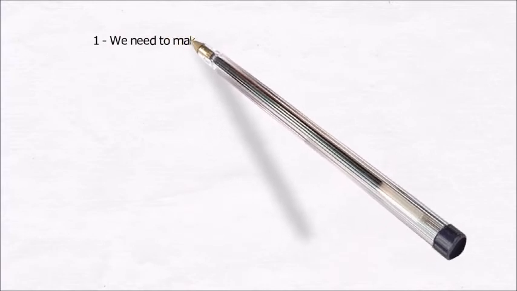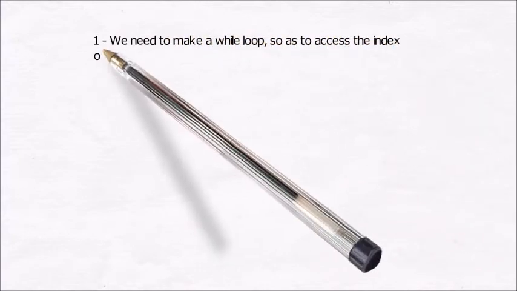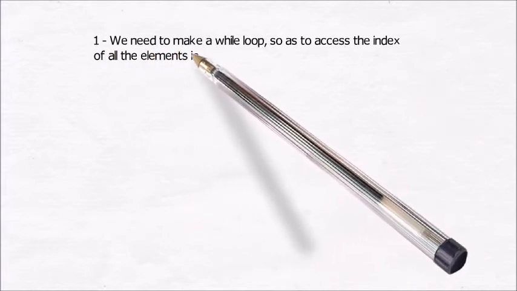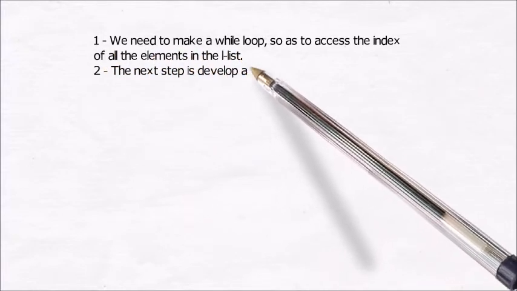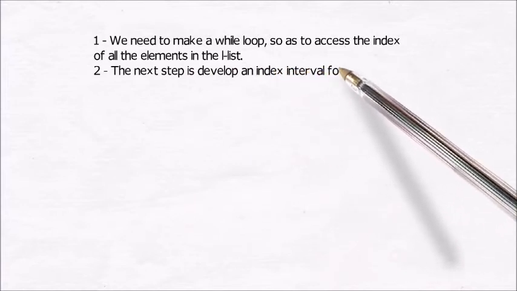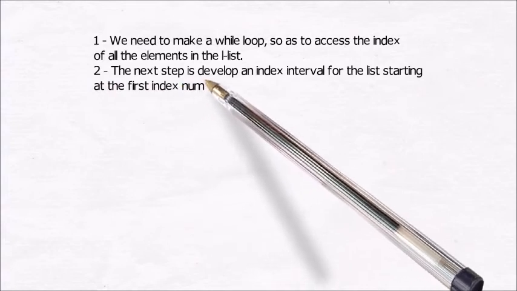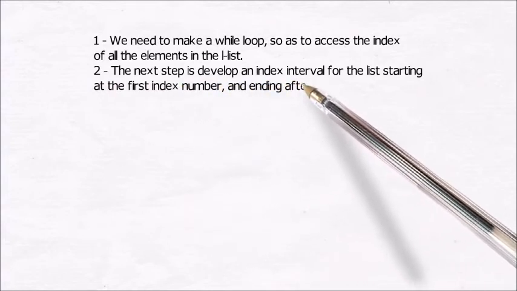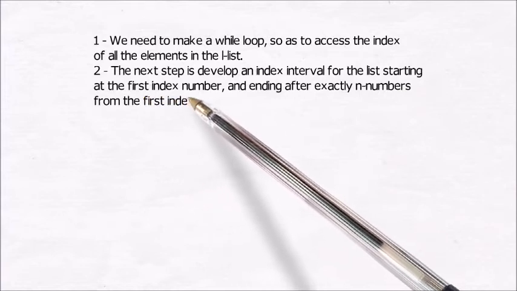The following steps shall be followed. First, we need to make a while loop so as to access the index of all the elements in the L list. Second, the next step is to develop an index interval for the list starting at the first index number and ending after exactly n numbers from the first index.